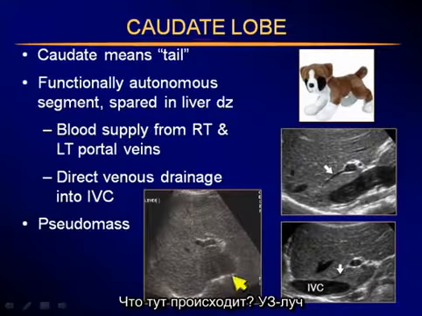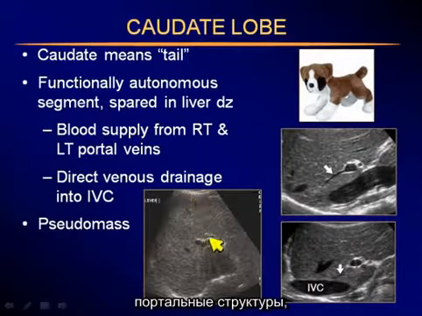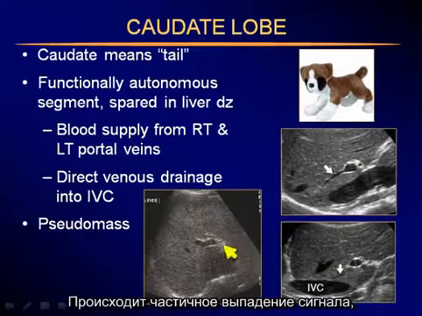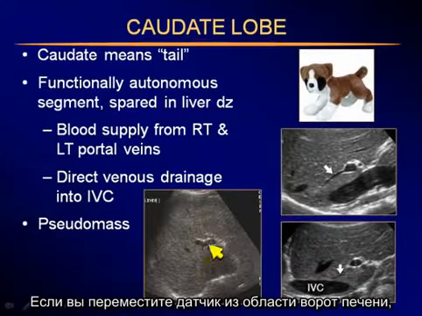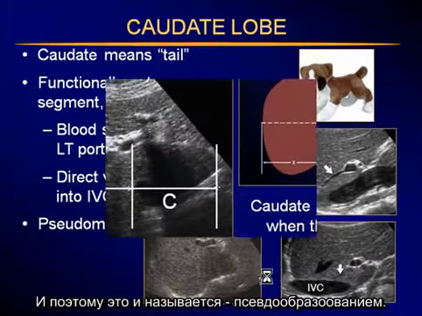What happens with the pseudomass is the ultrasound beam comes through the portal structures and becomes attenuated. So it partially drops out, giving it the appearance of a hypoechoic mass. If you move off of this porta and come in with the beam from different angles, you will see that this is not truly a mass. That's why it's a pseudomass.